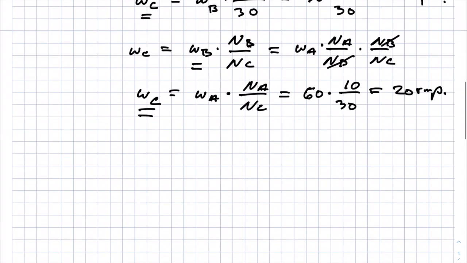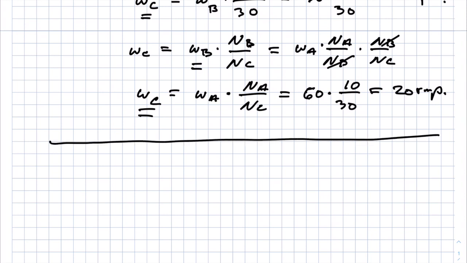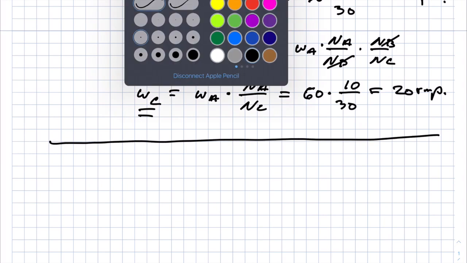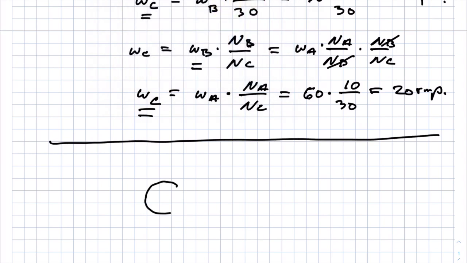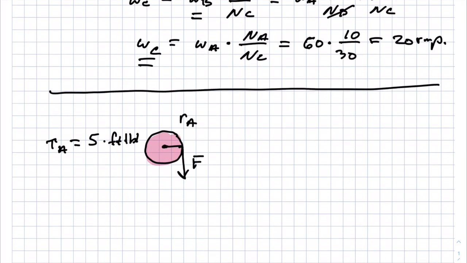So now let's talk about torque. If I took a free body diagram of the red gear, here's the red gear. This has a certain torque and it's operating with a radius RA and it's generating a force because this is the driving gear. So tau A is known in this case, and we're assuming it's 5 foot-pounds of torque. What is F?